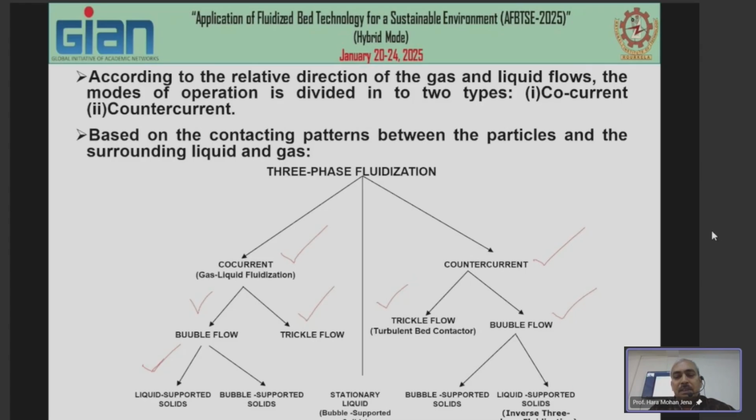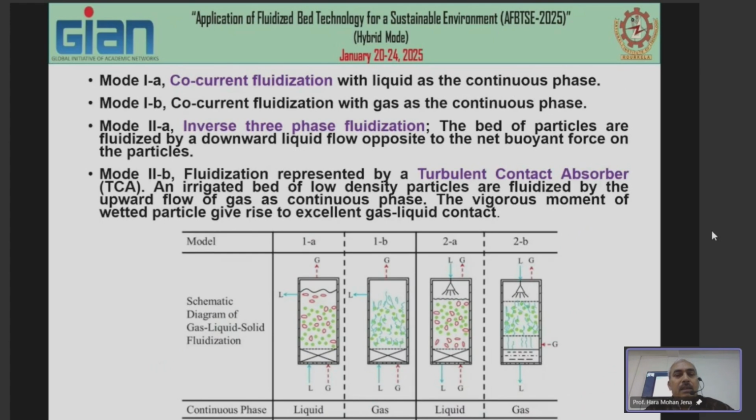If it is liquid supported solids and counter-flow operation is there, with downward flow of the liquid, we get inverse three-phase fluidization, where low density solid particles are used. And if the liquid is stationary, then only the gas is moving. Then the gas bubbles will support the solid particles, so we get bubble supported solids in between.